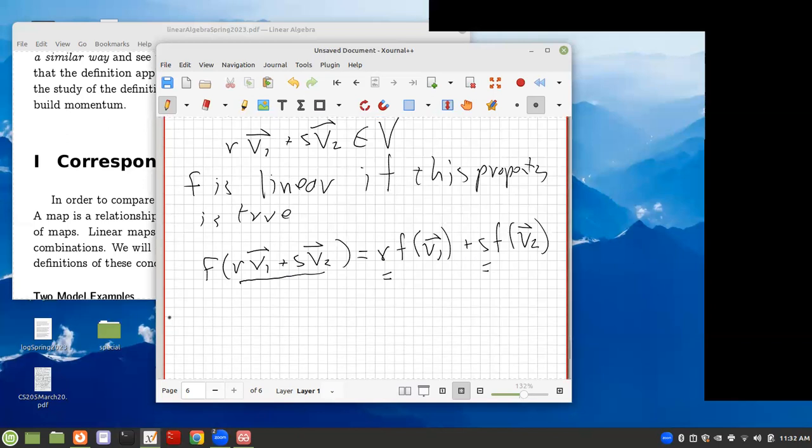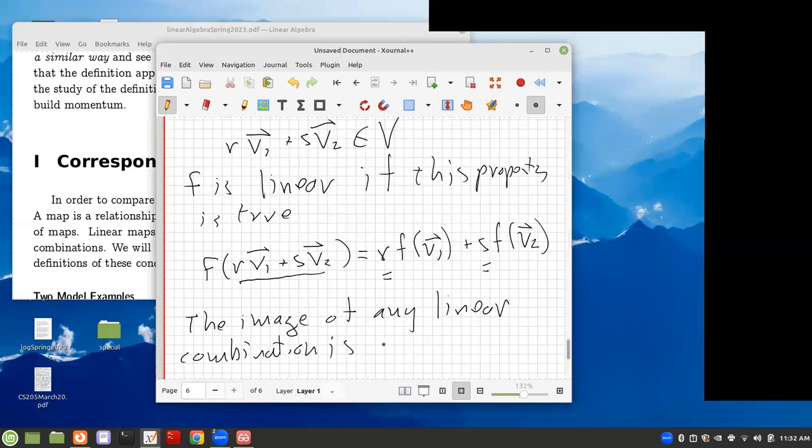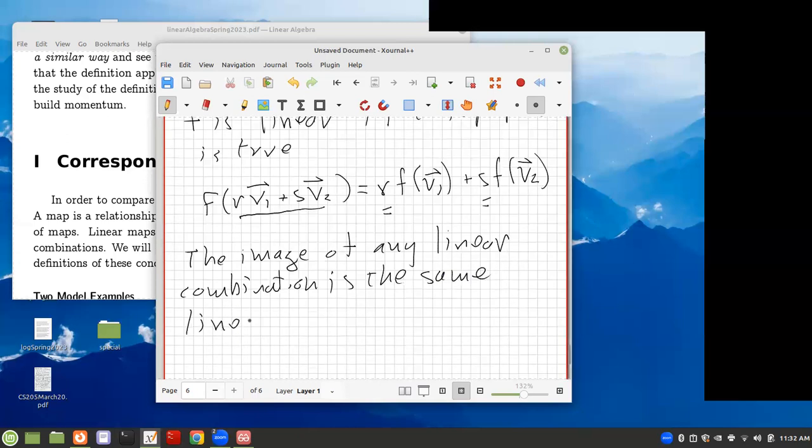So that's to say it in words, the image of a linear combination is the same linear combination of the images.